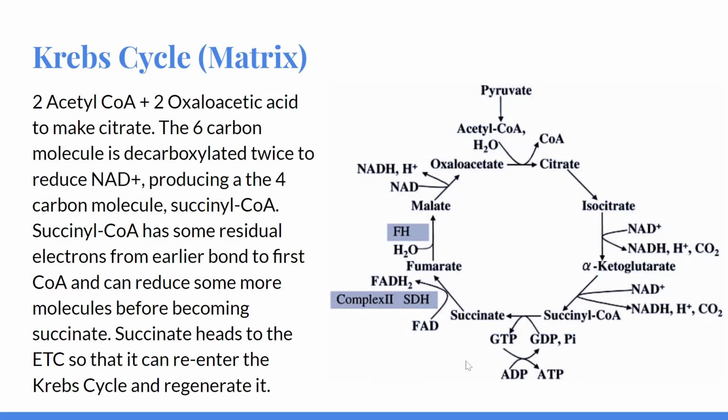And you also get some ATP production. And then just that this cycle is regenerative. You do not need to know all of these crazy names like succinyl-CoA or succinate. You just need to know broad details about it.